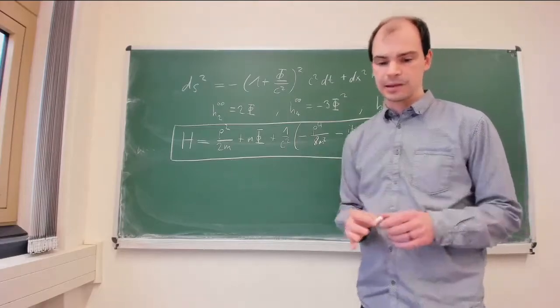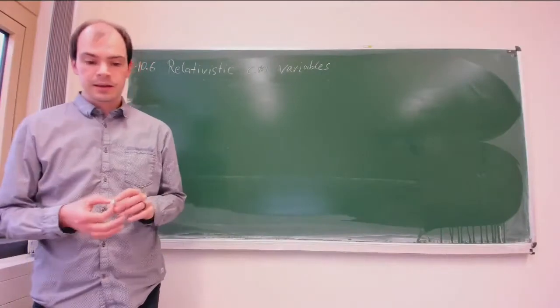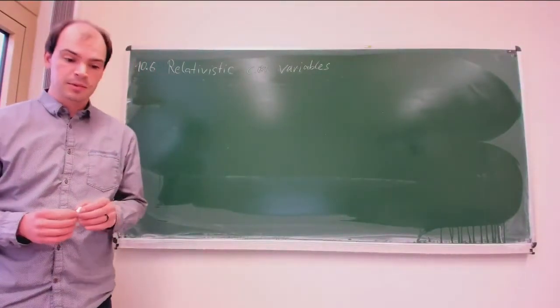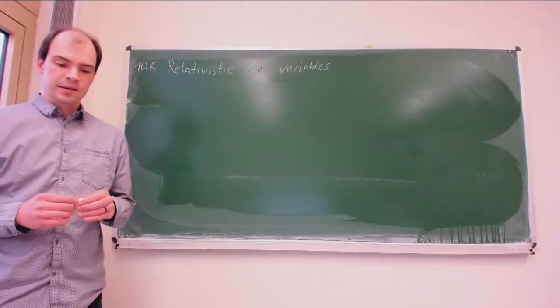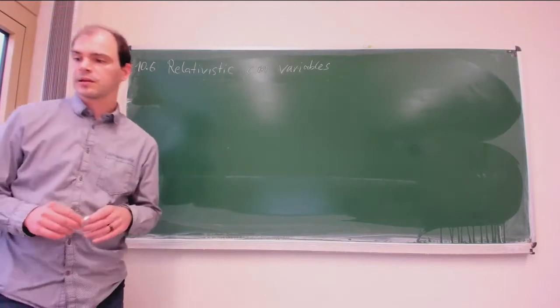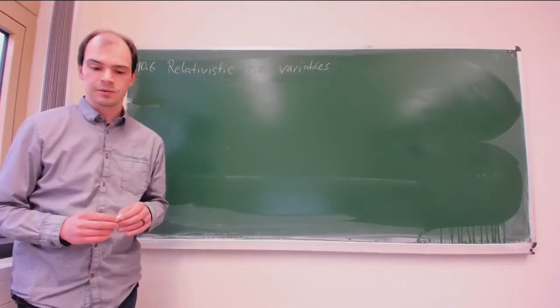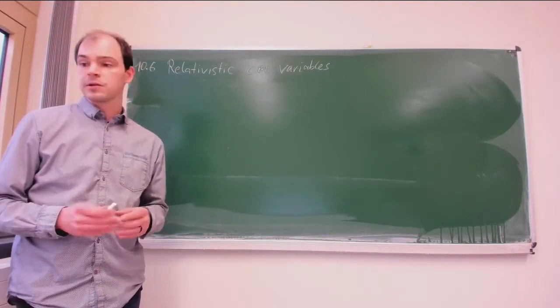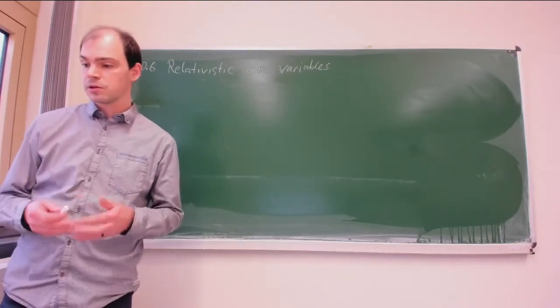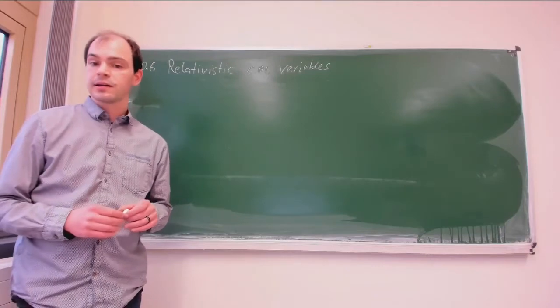And this is the next chapter. So now we want to find relativistic center of mass variables, and this is actually one that cannot be solved at all, in the sense that a relativistic center of mass, as we have it in non-relativistic mechanics, does not exist.